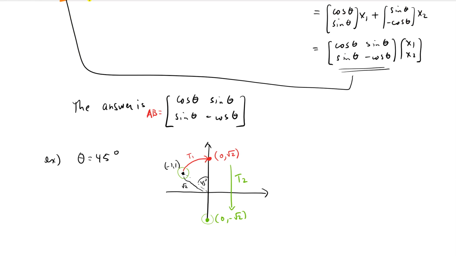So if I do AB times the point minus 1, 1, let's see that we're going to get the point 0, minus root of 2. Let's see that it takes us where we want to go. So we have cos theta, sine theta, minus cos theta. The next step will just be to replace theta by 45.